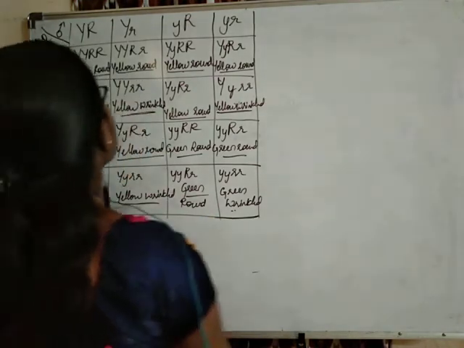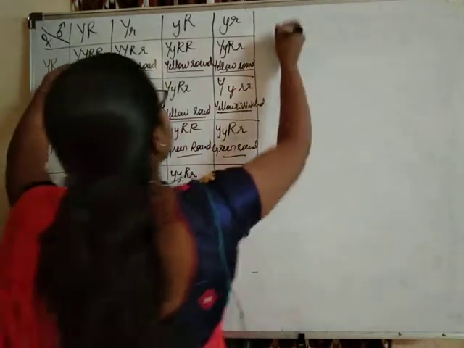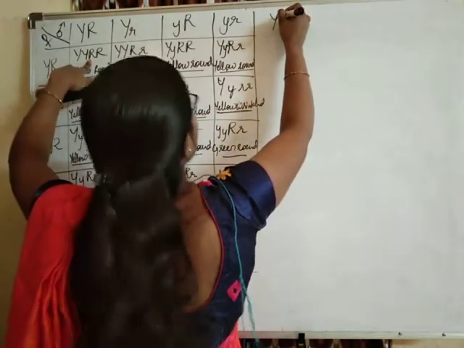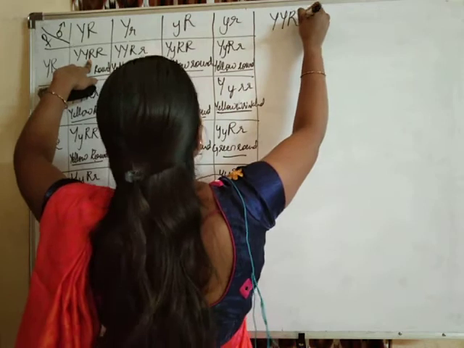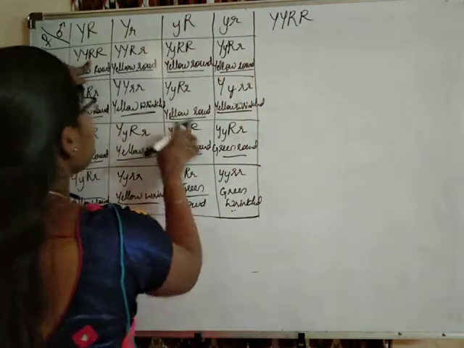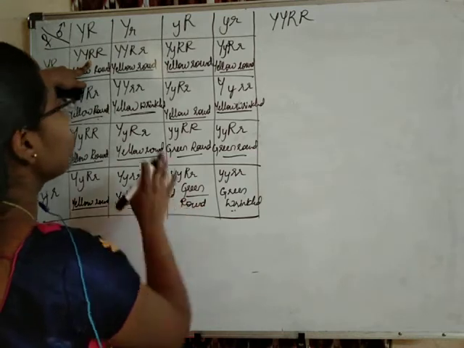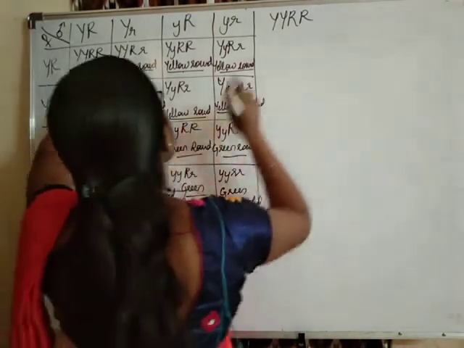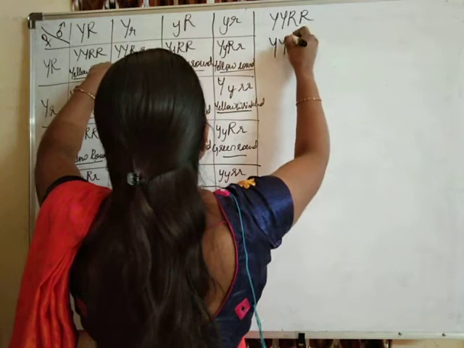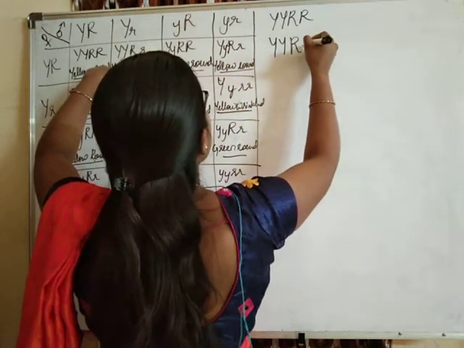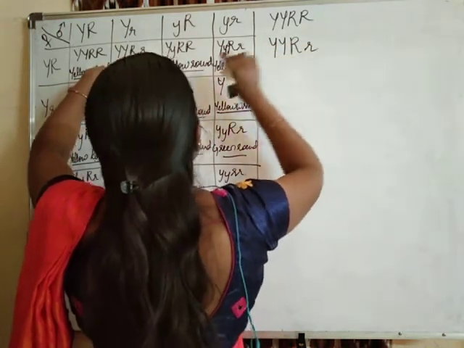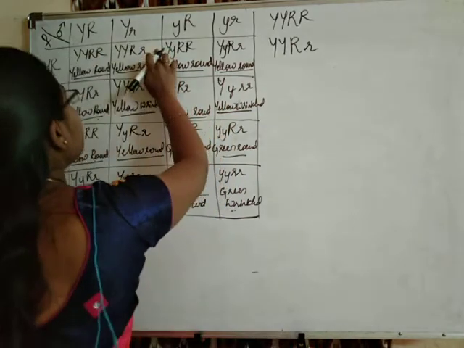So first, we will write all at once: capital Y, capital R, capital R. There are no others, so that is only one. Then we have capital Y, capital R, small r. Let us see how many of these are present.